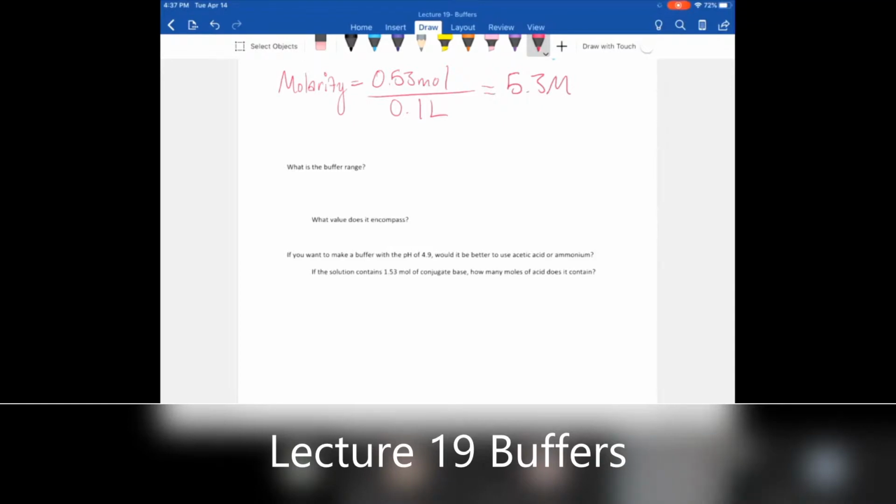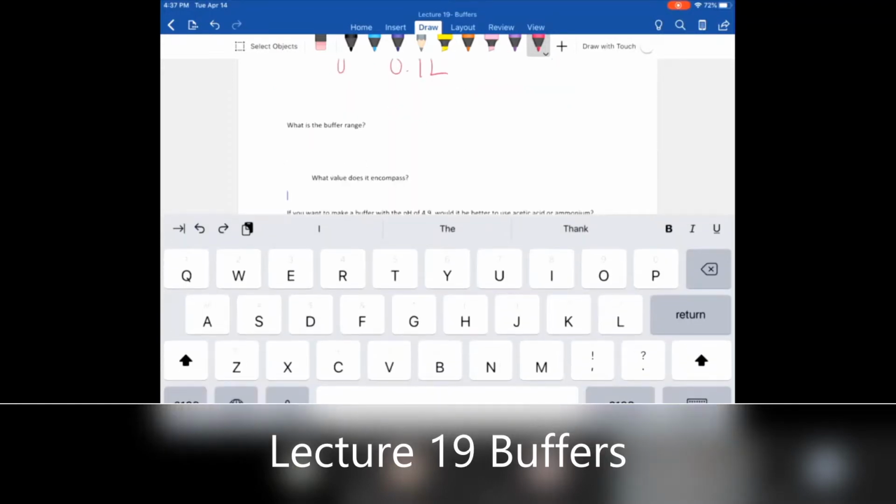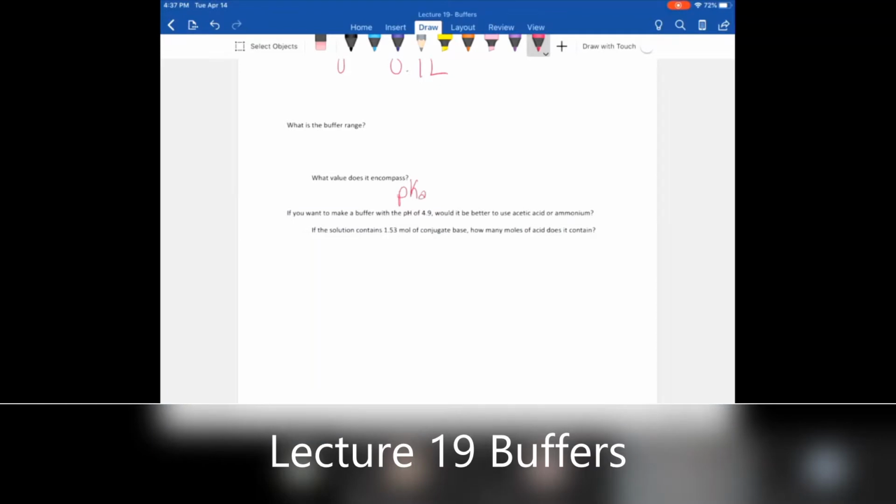It's the range in which the buffer is useful. After that, it's no longer really effective, and the pH is going to change very drastically. So it encompasses your pKa, which is very important. The buffer range would be pKa minus 1 to pKa plus 1.